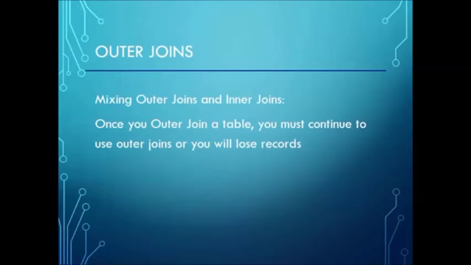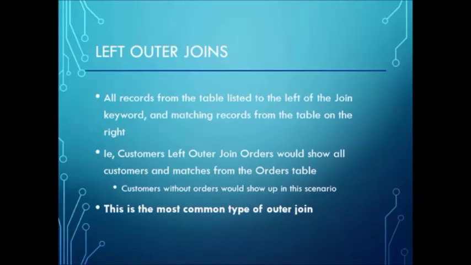So left outer joins. The table listed on the left side of the join keyword is where we get all of the records from. The table on the right side we get the matches from. This is the most common type of outer join. Way back when SQL was first starting, left outer joins took less processing power than right outer joins, which we'll talk about next.